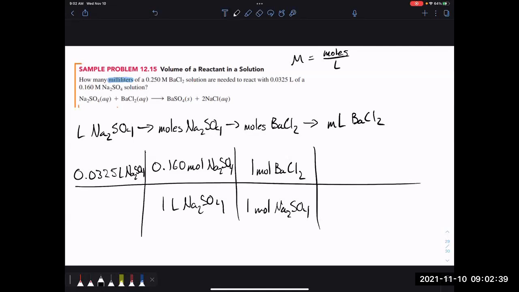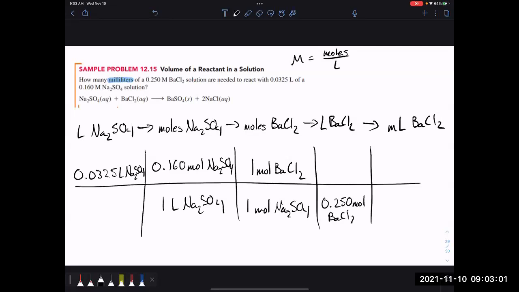I guess I should have done this, because there's going to be another step here. We're going to do liters of barium chloride first, because molarity is in units of moles per liter. So we have 0.25 moles BaCl2.